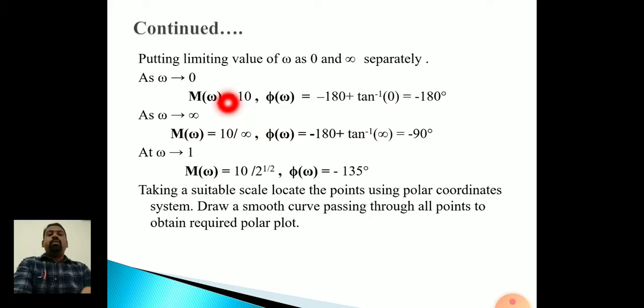In between 0 and infinity, substitute the value of omega as 1. The corresponding M omega is 10 divided by 2 to the power 1 by 2, and the phase is minus 180 plus tan inverse of 1, which is 45, so minus 180 plus 45, that is minus 135.